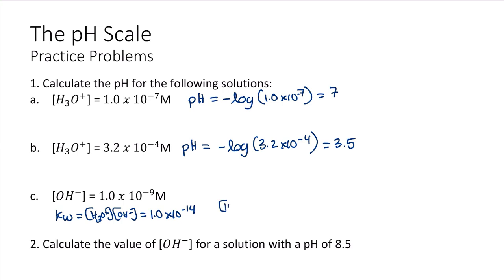The concentration of hydronium ion is going to be equal to Kw divided by the concentration of hydroxide. I can plug my values in: 1 times 10 to the negative 14 divided by 1 times 10 to the negative 9. And this is going to give me a hydronium concentration of 1.0 times 10 to the negative 5.